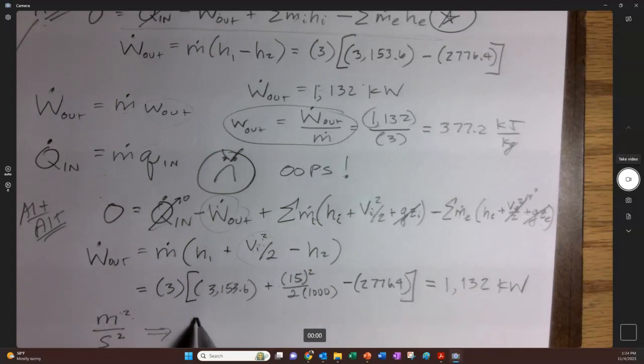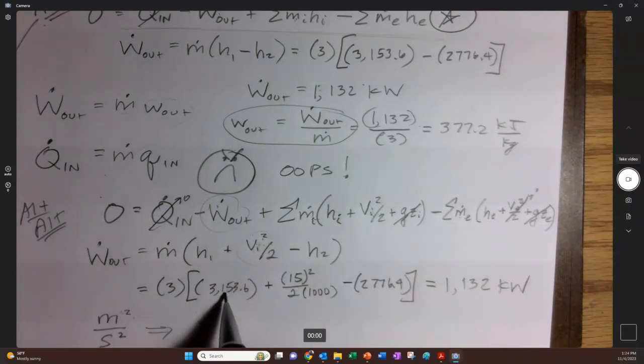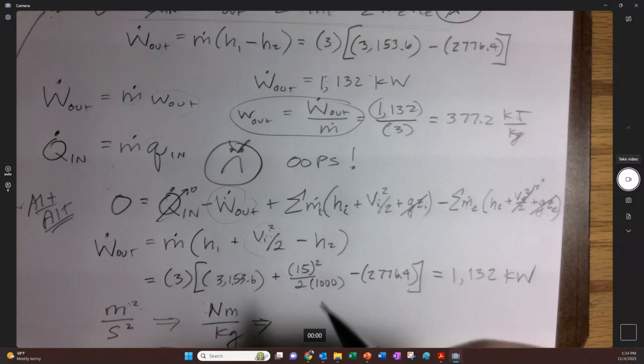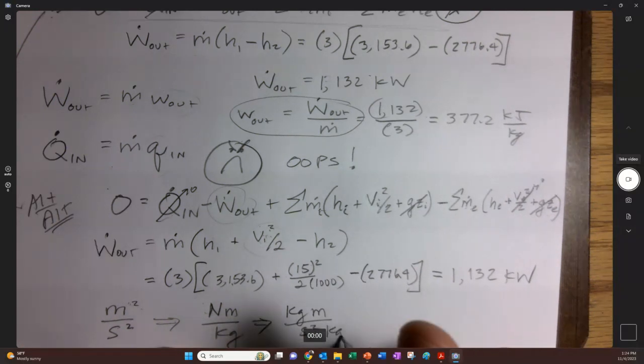If we had a joule or a joule per kilogram. This is kilojoules per kilogram. So what if we had a Newton meter per kilogram? Well, a Newton is a kilogram meter per second squared, and that's per kilogram.